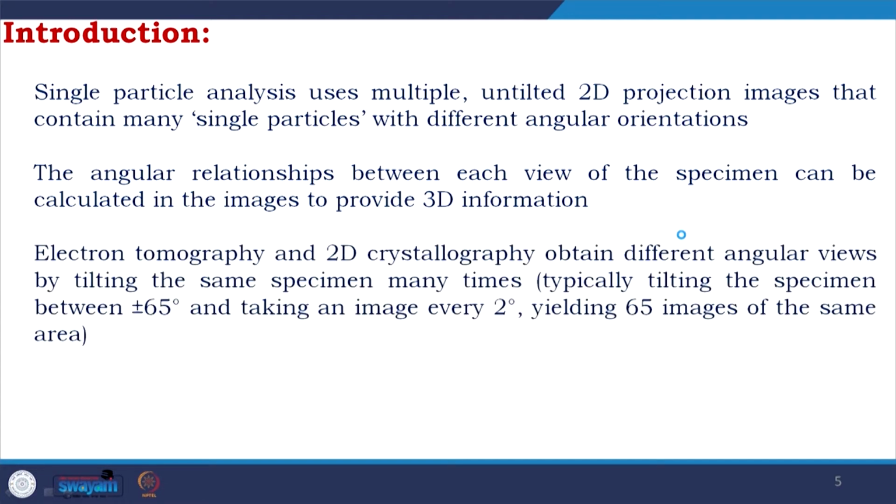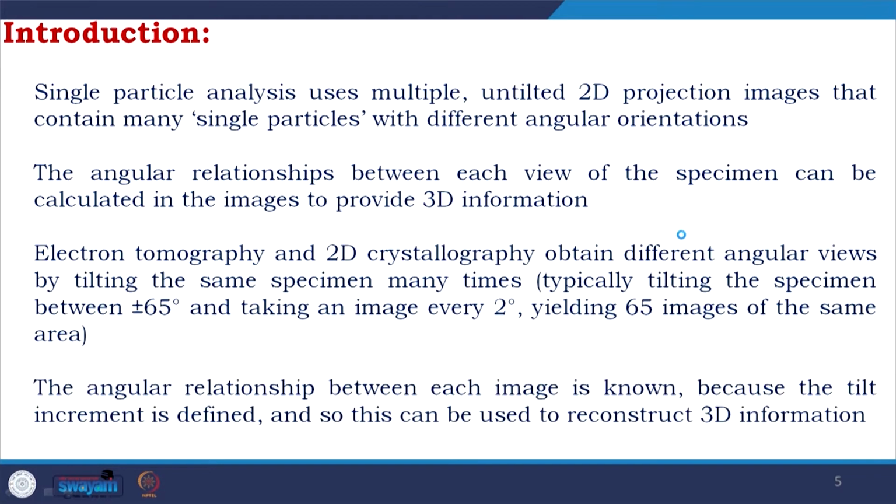Electron tomography and 2D crystallography obtain different angular views by tilting the same specimen many times, typically tilting the specimen between plus minus 65 degrees and taking an image every 2 degrees, yielding 65 images of the same area. The angular relationship between each image is known because the tilt increment is defined, and so this can be used to reconstruct 3D information. We will talk about these in detail in the data analysis section.